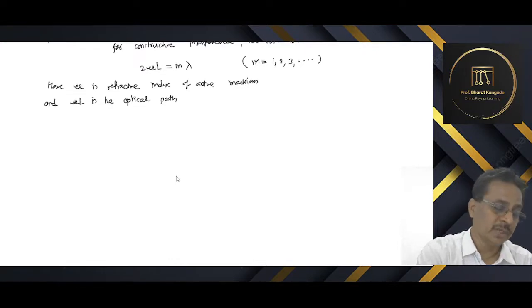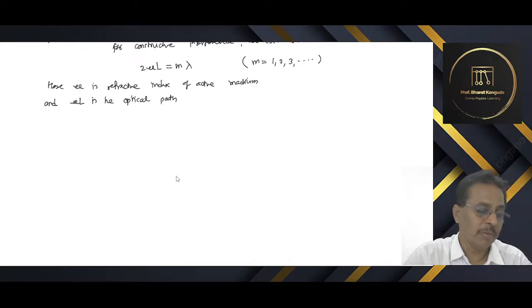Based upon this, when the above condition is not satisfied, each wave will reach the output mirror in different phases and undergo destructive interference.